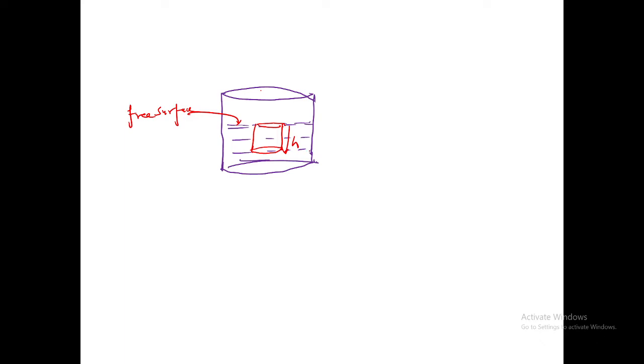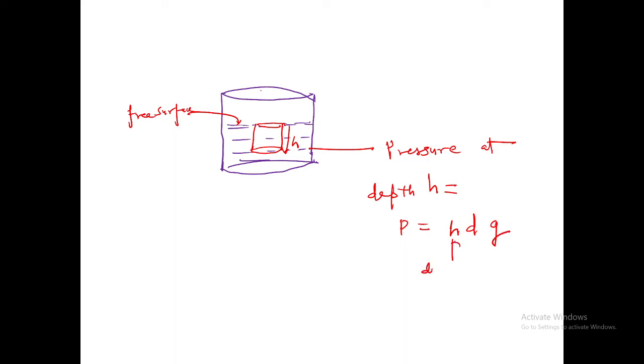Pressure at depth h, at this level. In this case we have considered that there is no atmospheric pressure, so pressure at depth h is hdg, where h is depth, d is density, and g is what?